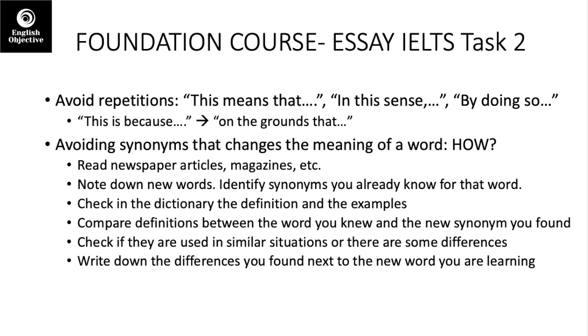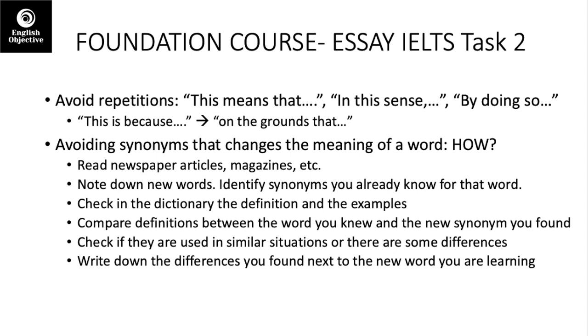Then obviously you could say "this is because" to introduce your explanations, but if you really want to be advanced and move towards the Band 7 score, then the best thing is to join the sentences using linking words.